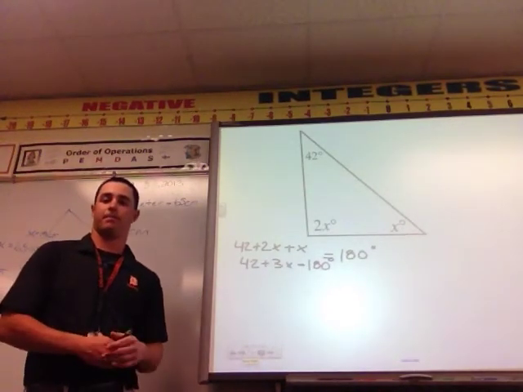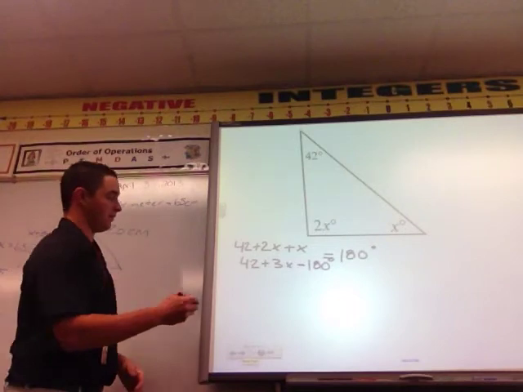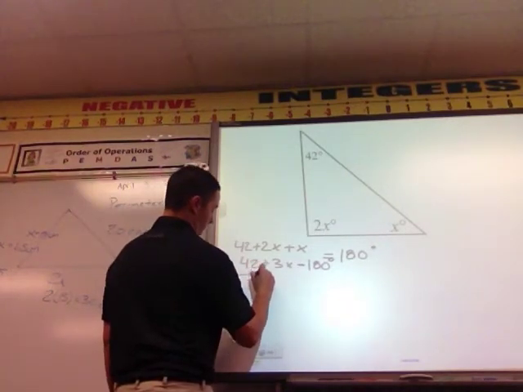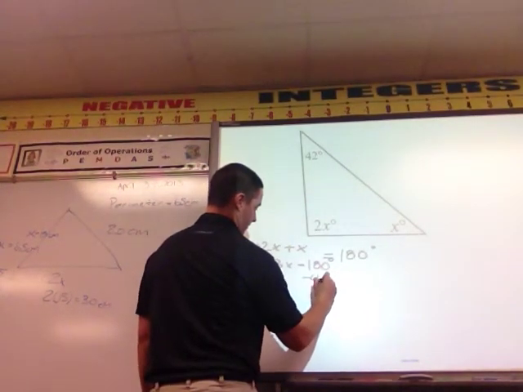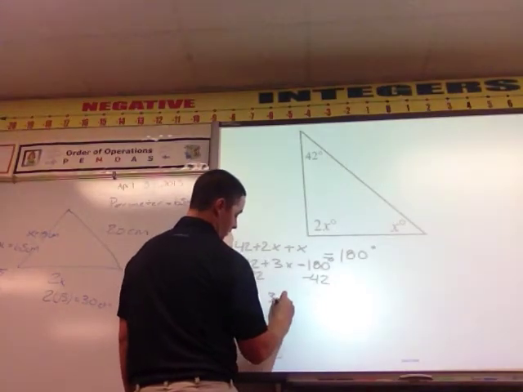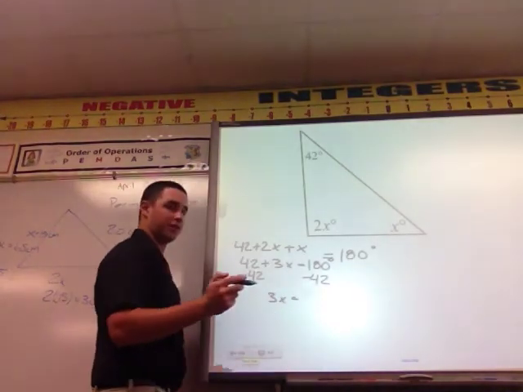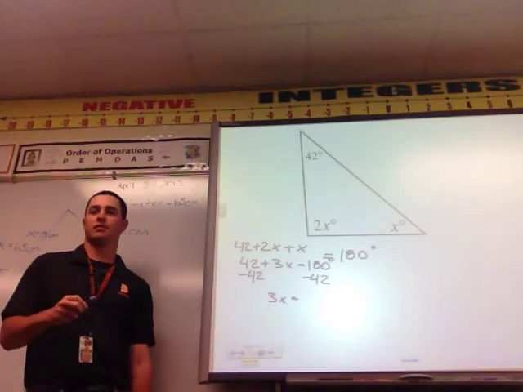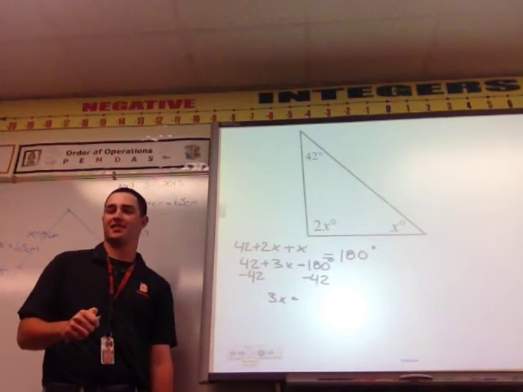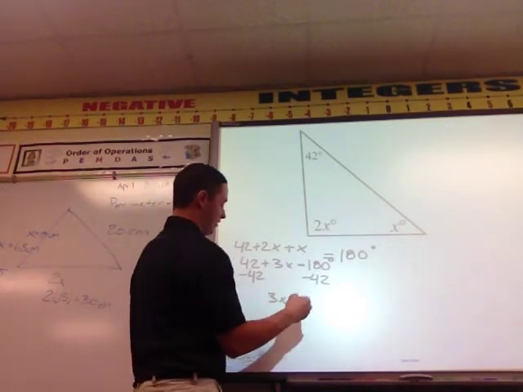Now what's our next step? Subtract 42. What's 180 minus 42? 138.